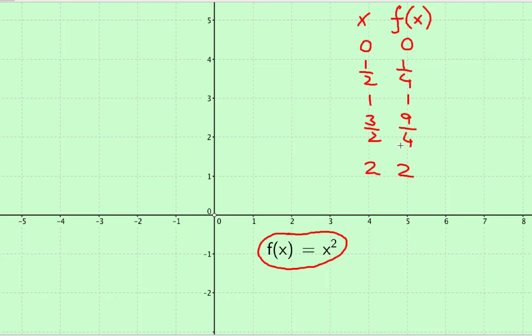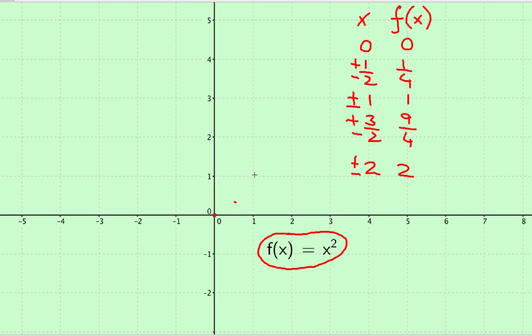And now notice that if I put x equal to minus x, so if I have either plus or minus 1/2, the answer is still 1/4, and I could put plus or minus everywhere over here. So let me plot these points. Here's the first point. At 1/2, the value is 1/4, so that's about over here.